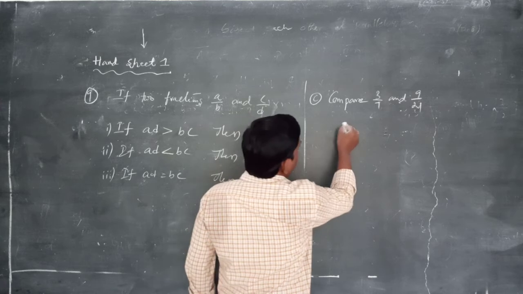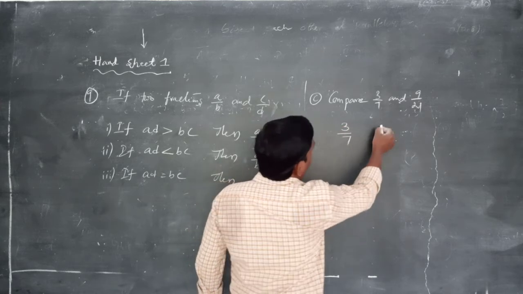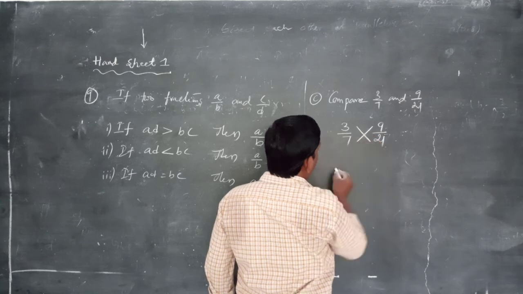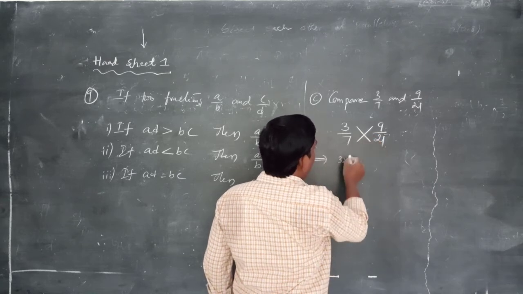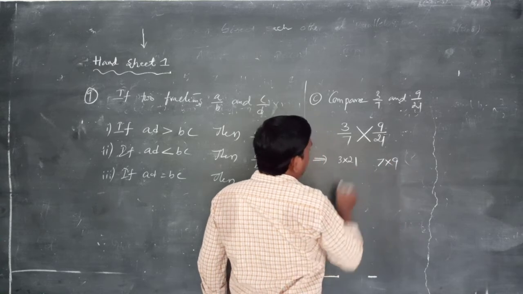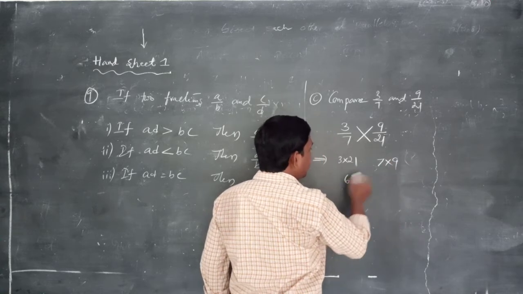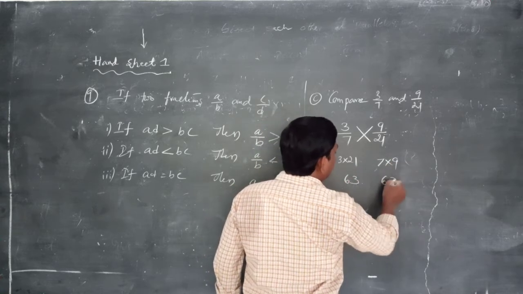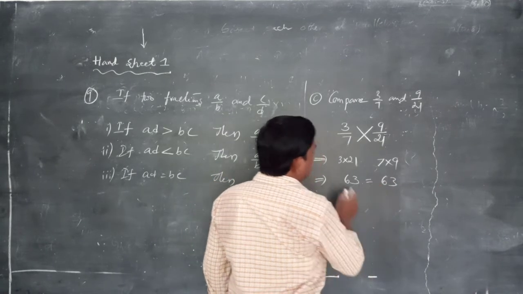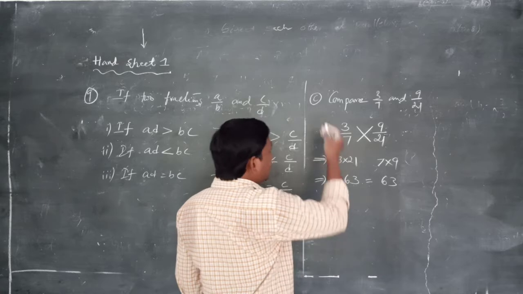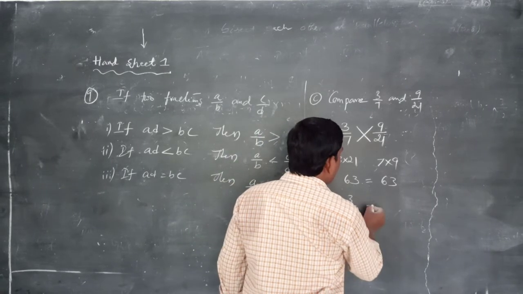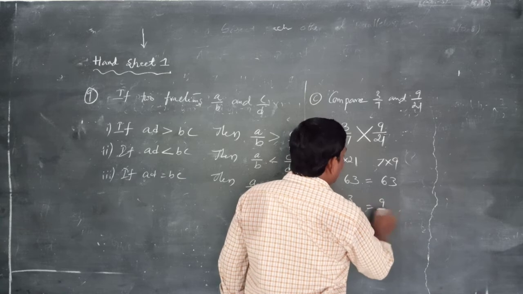Now take the fractions 3 by 7 and 9 by 21, and take the cross multiplication. 3 into 21, 7 into 9. 3 twenty-ones are 63 and 7 nines are 63. So both are equal, 63 equals 63. Now write the corresponding fractions: 3 by 7 equals 9 by 21.